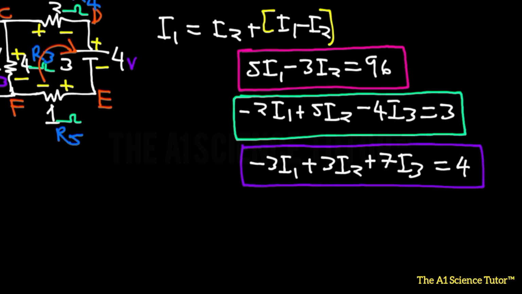We don't have any I3 for equation 1, so that's really just going to be a 0. Now we have 96 on the other side. For the second, we have -2, +5 and -4, and on the other side, a 3. And the next one, we have -3, 3 and 7. That is equal to 4.